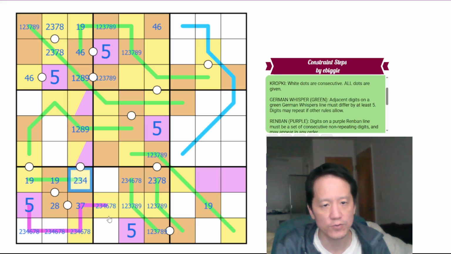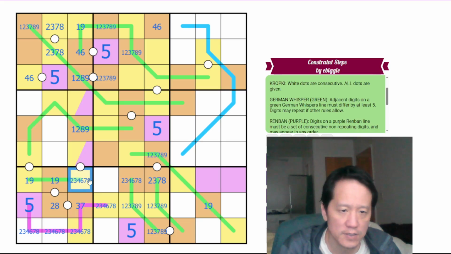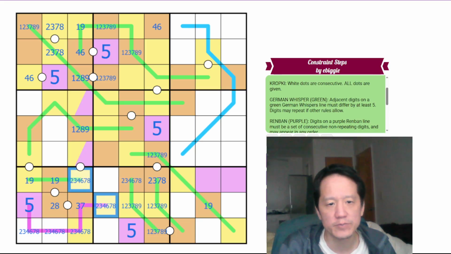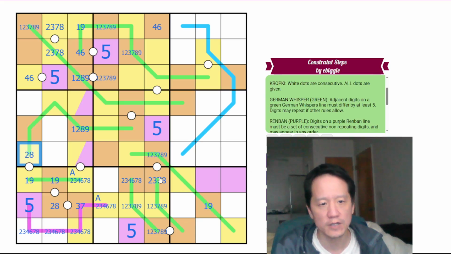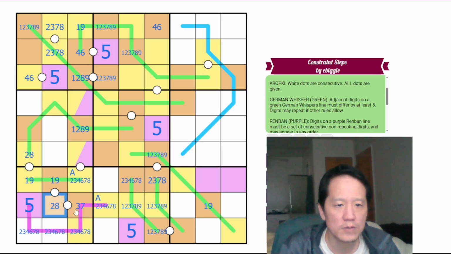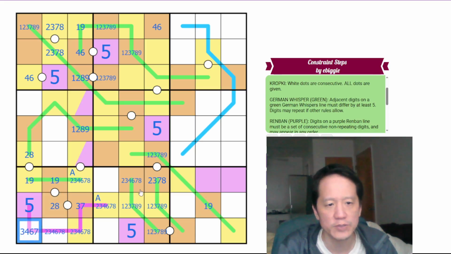So it's 2, 3, 4, 6, 7, 8. So these are both, we'll mark him as A. 1, 9 has to be with the 2, 8 yellow. So this sees both the 2, 8 yellow and the orange 2, 8. So this cannot be 2, 8 in either way.